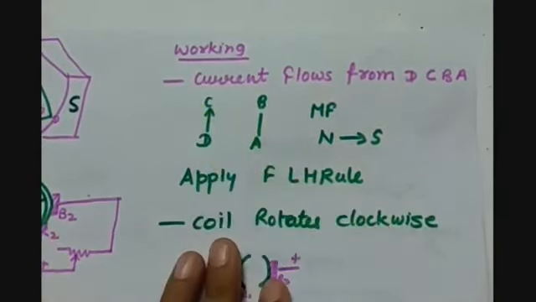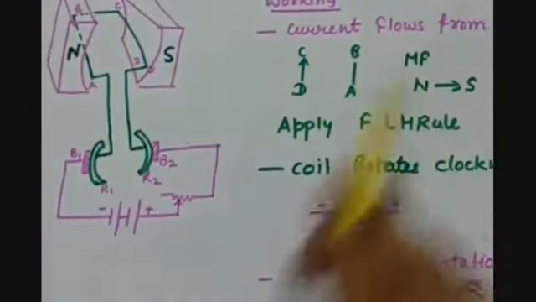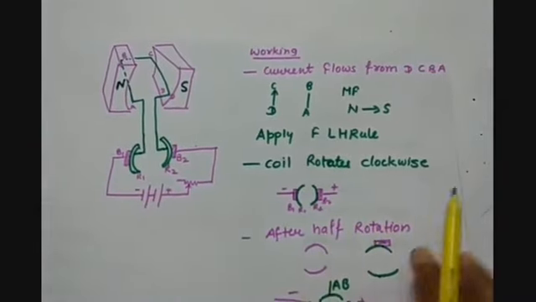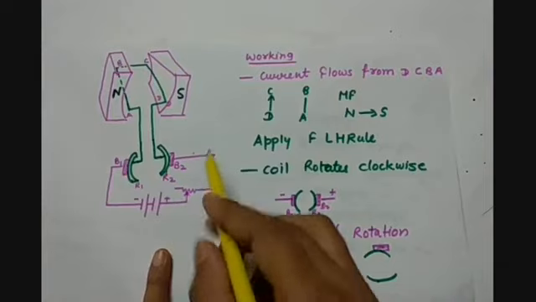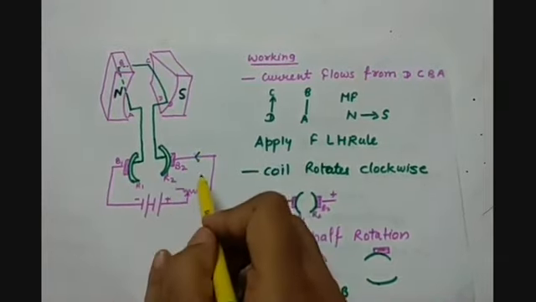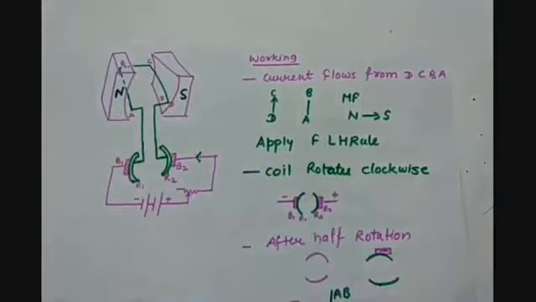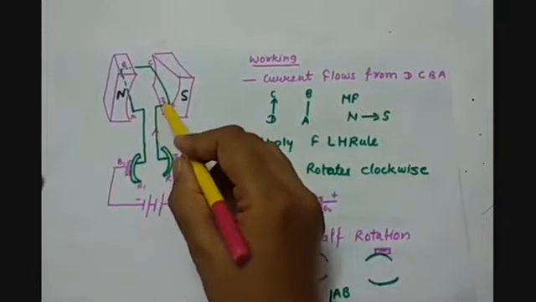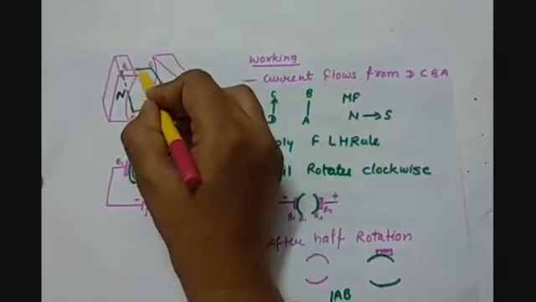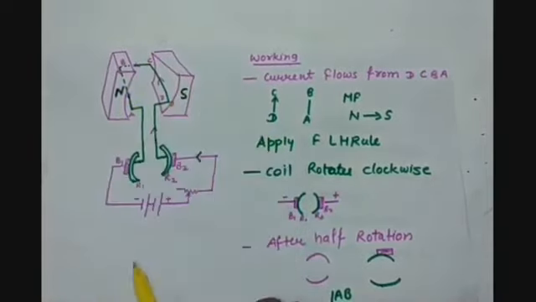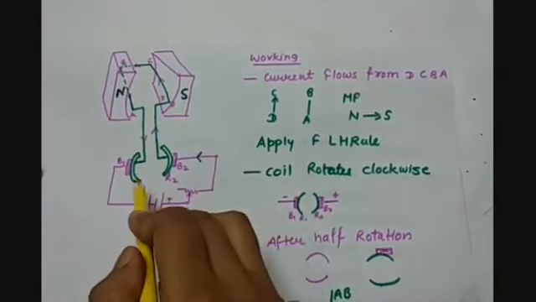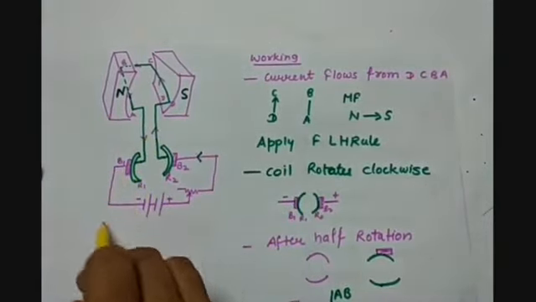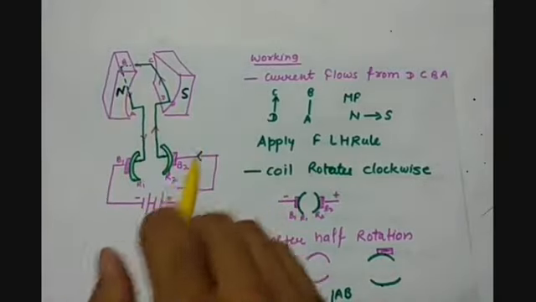When the current starts flowing from the battery, from the positive terminal of the battery the current will start flowing, and if the current is flowing in this direction, then first it will go to D, then from D to C, C to B, B to A, and then it will go to R1, through which it will go to B1 and again to the negative terminal. So this makes a closed circuit.